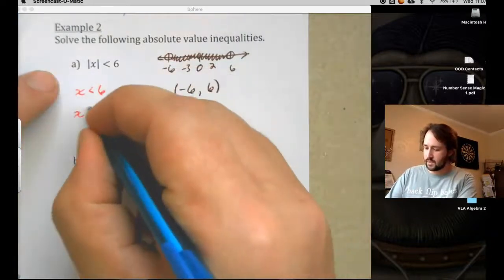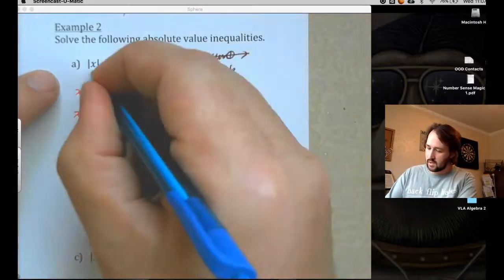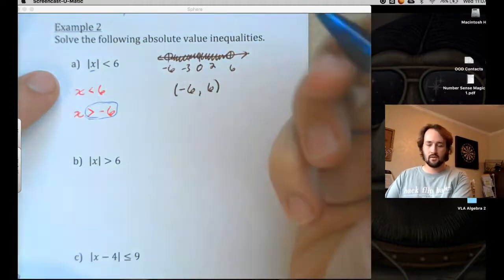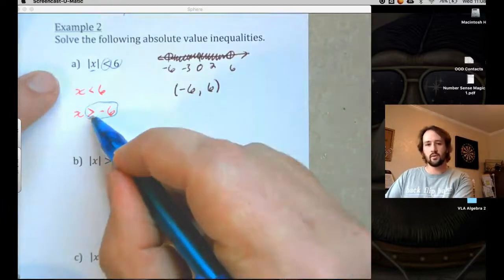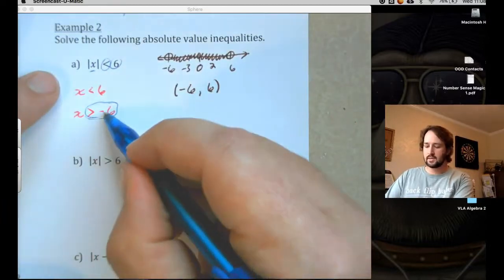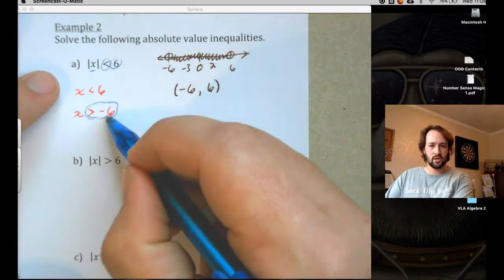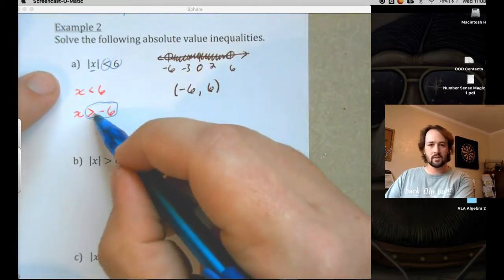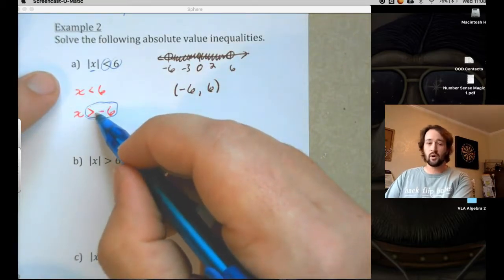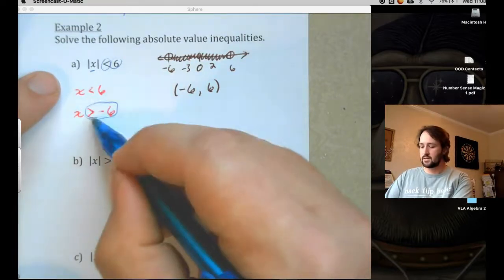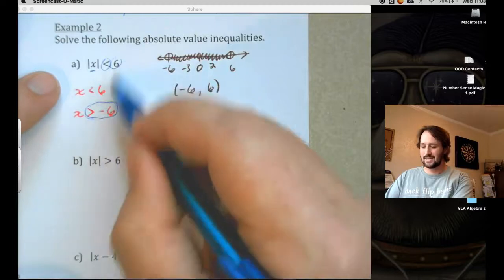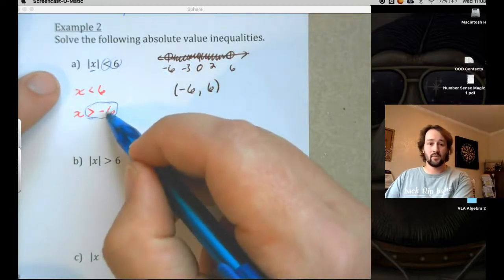On this one, I have my absolute value of x, and then I have the inequality and the 6. Notice how the inequality changed directions and the sign on the 6 also changed. That's what I mean when I say change both signs. This will always help you with solving inequalities because I change that sign and change that sign such that I can solve my equation.